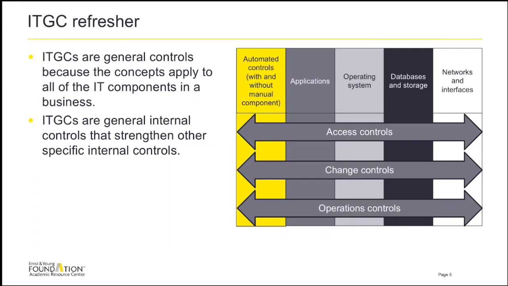So it has purview over these three main classes of ITGCs: automated controls, whether with or without manual component, so mga IT application control and IT dependent manual control, applications, operating system, databases and storage, and networks and interfaces.